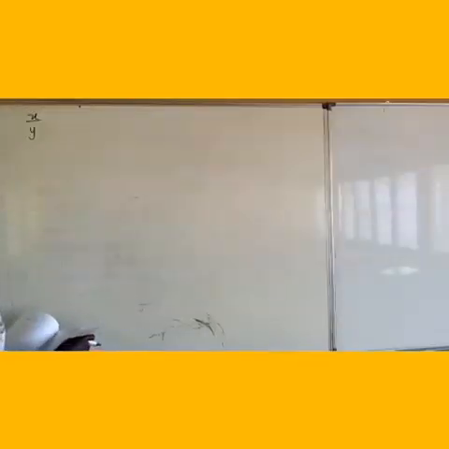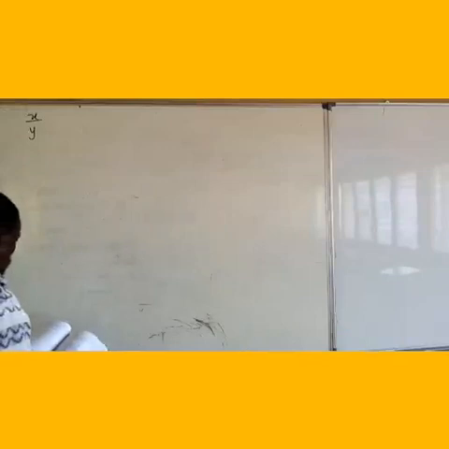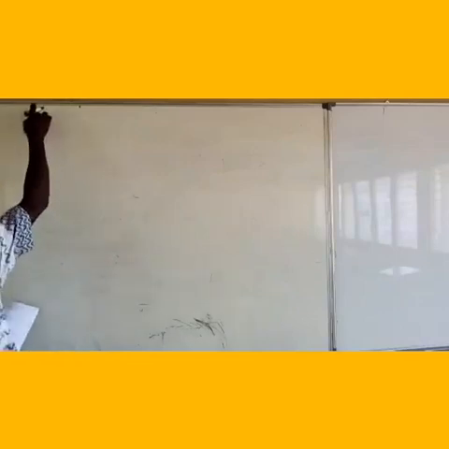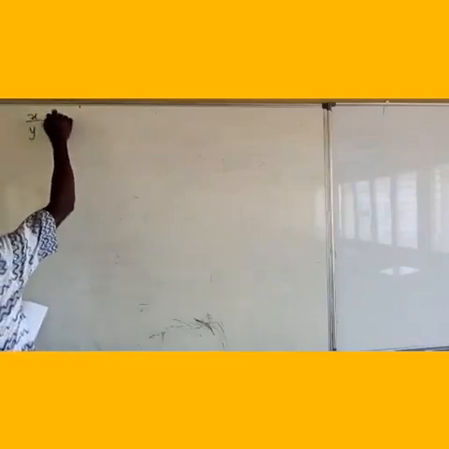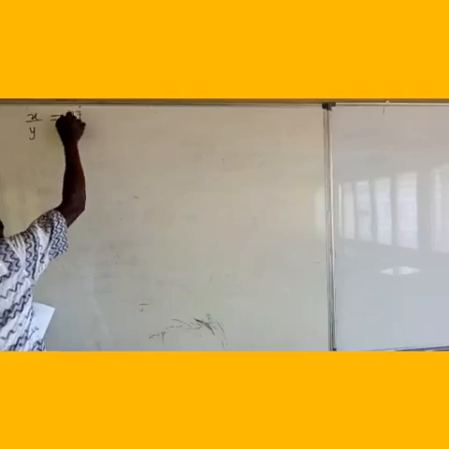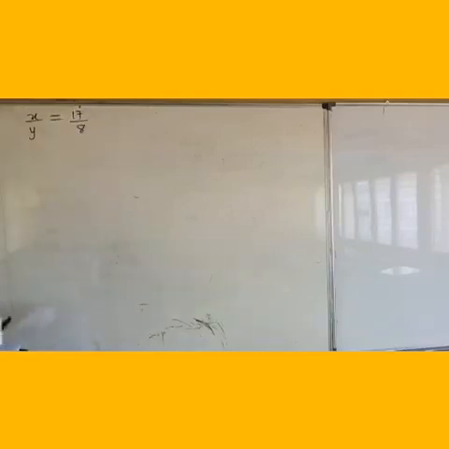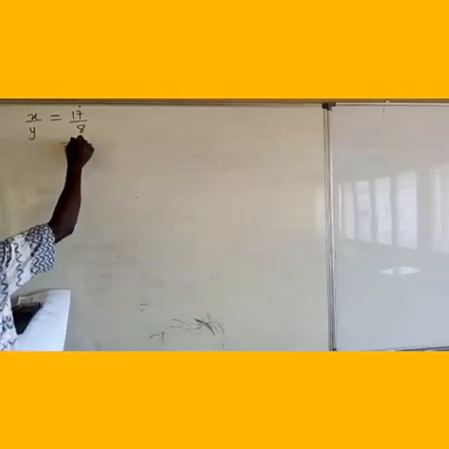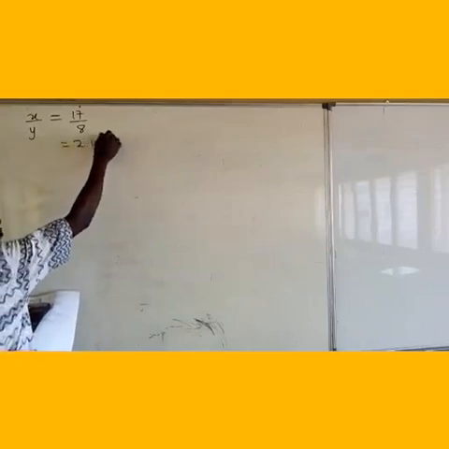You also have to leave the answer correct to 2 decimal places. So we had x over y is equal to 17 over 8. If we punch the calculator, 17 divided by 8 will give us 2.125.